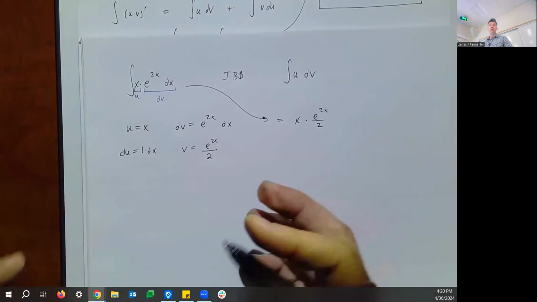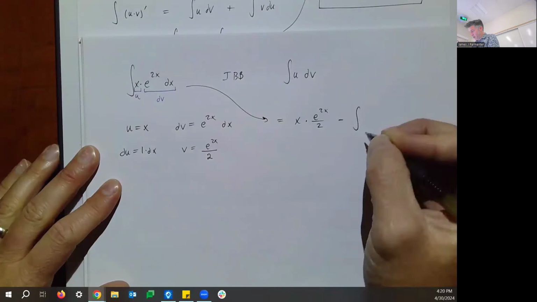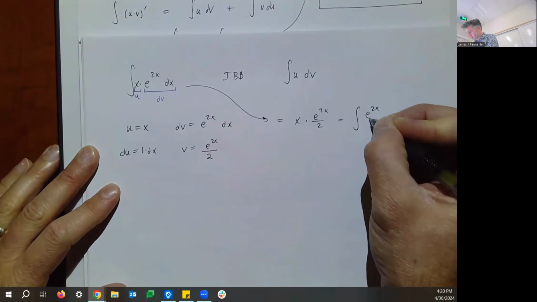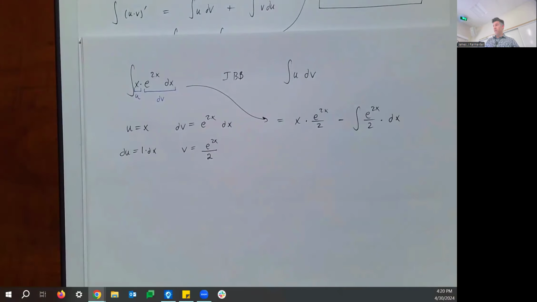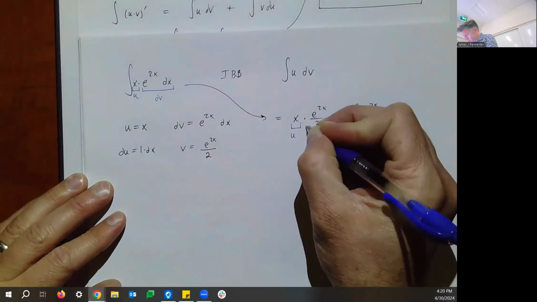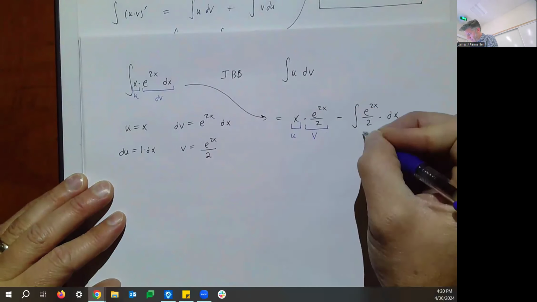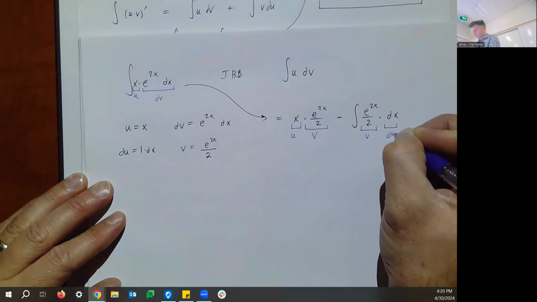I'm not actually writing u times v. I'm using the things that u and v are equal to, minus the integral of v times du. Now, it's okay to write out the formula first if you want to. Right, there's my u times v minus the integral of v times du.